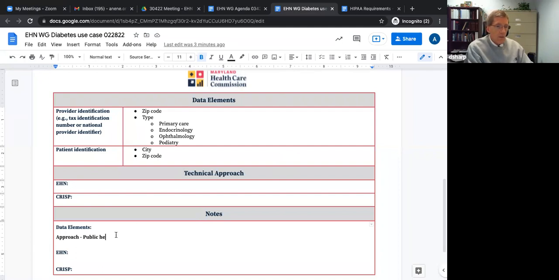So we want to move into talking a little bit about how the data can be extrapolated from the administrative transaction. And this gets back to the network side of the equation. We would want to see how the administrative networks could pull together a limited data set that could be sent to CRISP for testing.